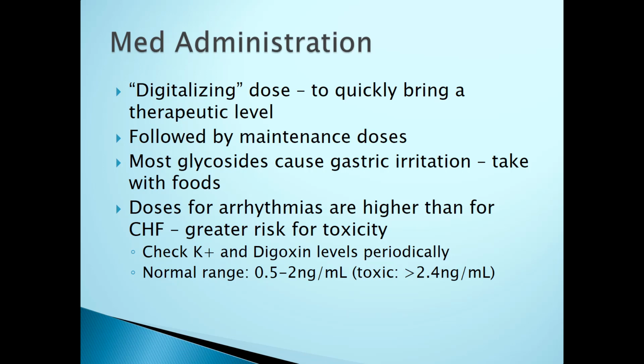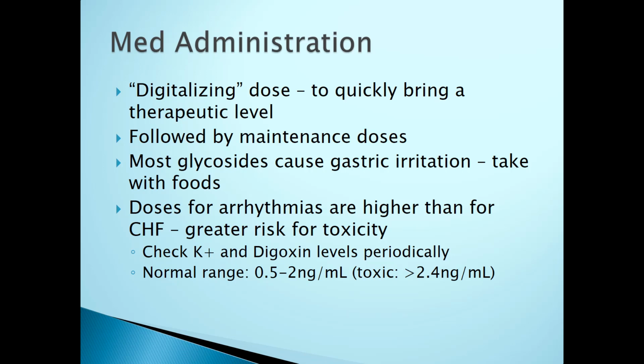Any change in doses during digitalizing is based on the lab results that are obtained. Once the client is brought into a normal range, they'll be followed by maintenance doses. Now, most glycosides tend to cause a gastric irritation, so it's advisable to take them with food.